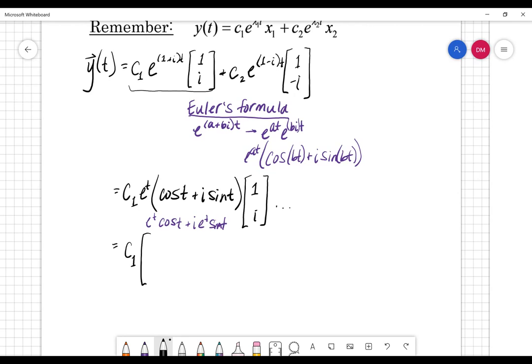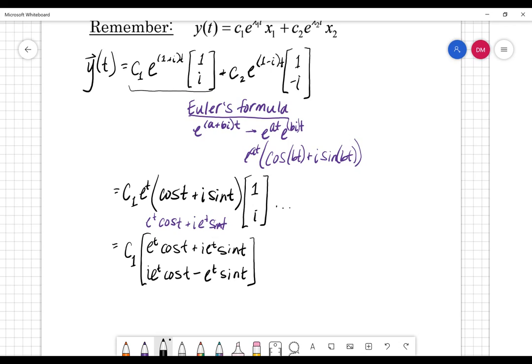So if I multiply it by 1, e to the t cosine t plus i e to the t sine t. If I multiply it here by i, I'm going to have a little switching between my imaginary and my real. So I'm going to have i e to the t cosine t. But here where I multiply it by this term that already has the i, I'm going to get a negative 1. So it looks like I'll have negative e to the t sine t.